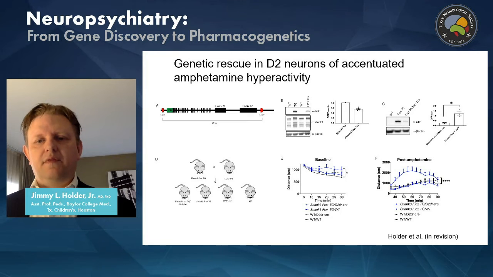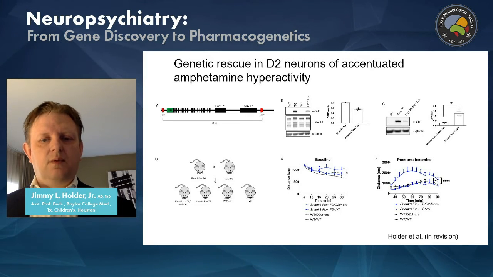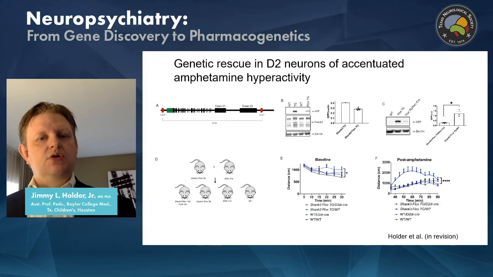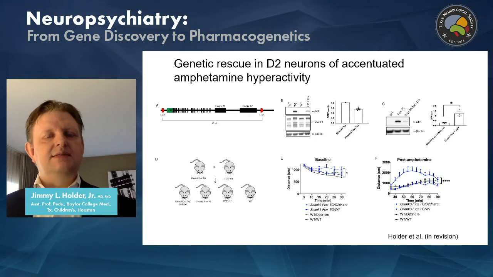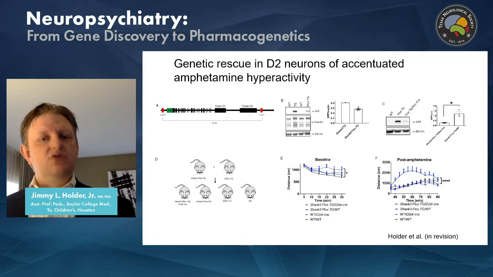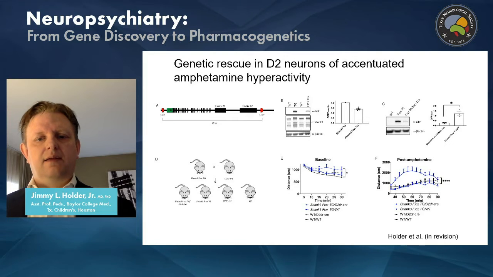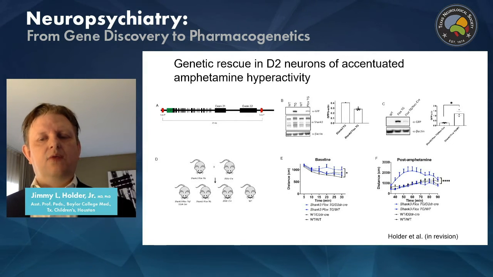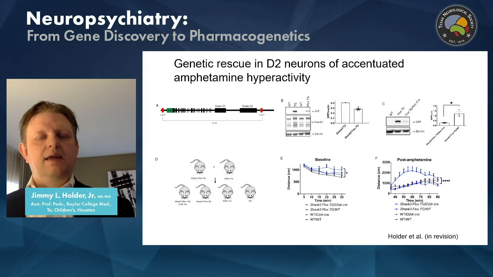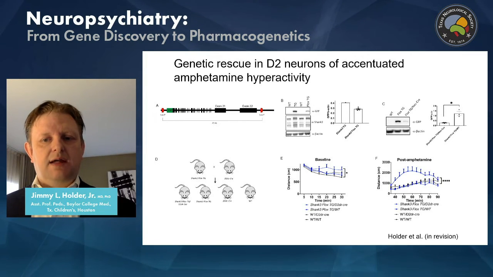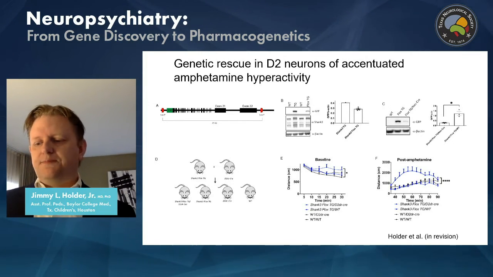I won't go through all of the quality control data that we did, but our experiment was to, again, rescue normalized expression of Shank3 in D2 neurons only, such that Shank3 dosage was normal in these neurons, but overexpressed elsewhere within the mouse brain. And what we found when we did this is that we could specifically rescue the accentuated response to amphetamine in these mice back to wild type levels.